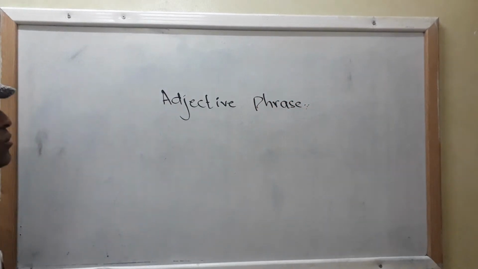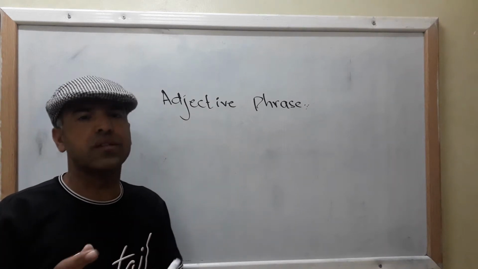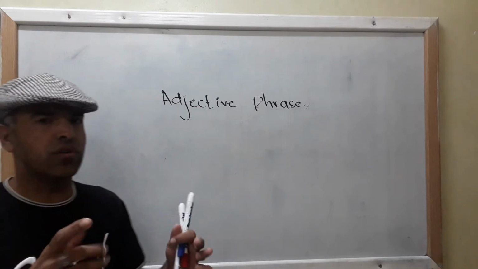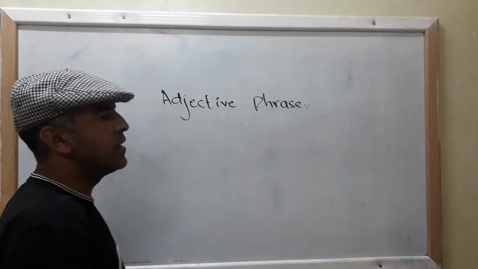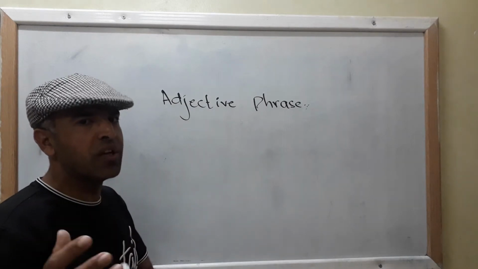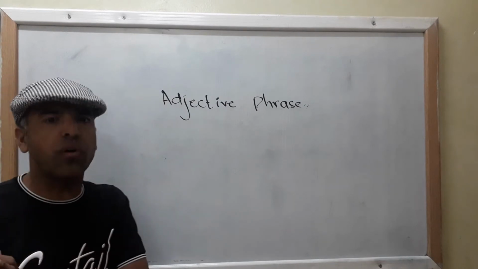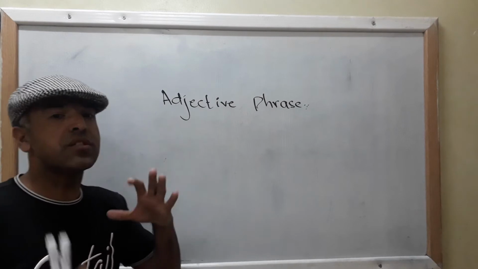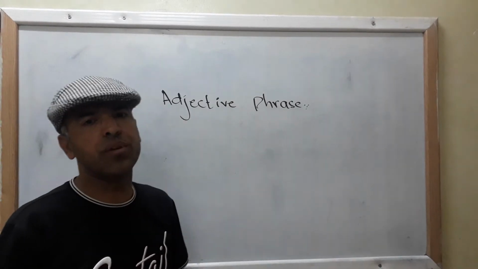In my last video, when I was discussing adverb phrase, I told you what a phrase is. A phrase is a group of related words in a sentence. We don't find any subject-verb combination in a phrase. Sometimes we don't have both verb and subject in a phrase. A phrase may give you some meaning, but it doesn't give you complete thought.